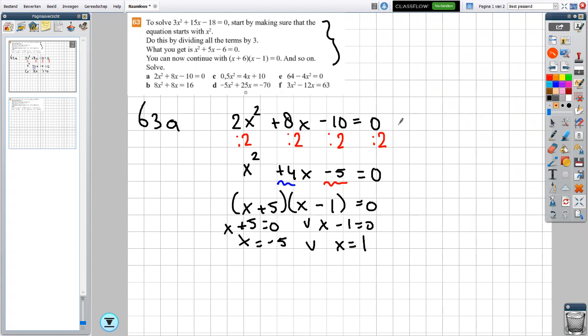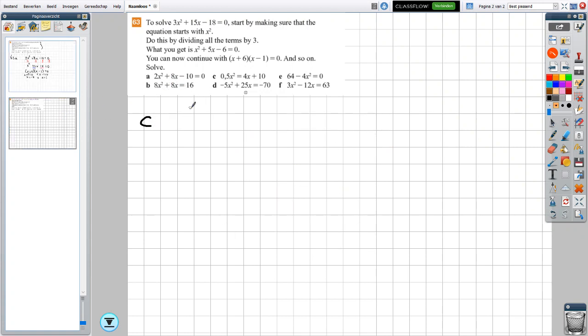Okay? Let's try another one. Instead of doing B, which is almost the same, I want to do C. A half x squared equals 4x plus 10. Here I first want to get rid of everything on the right hand side.